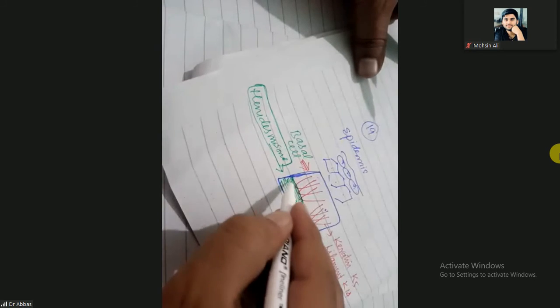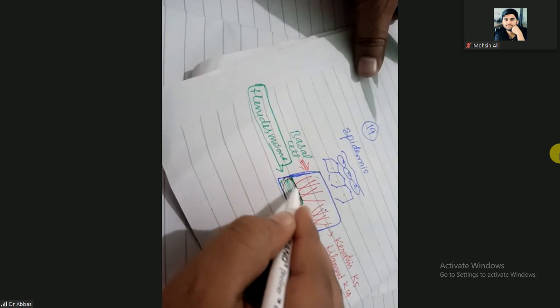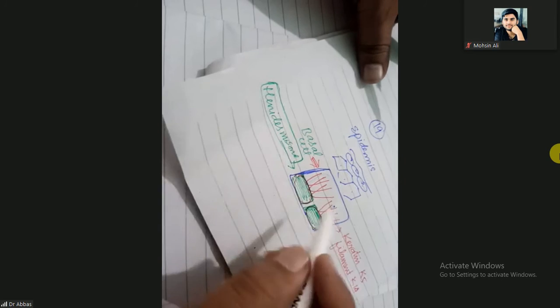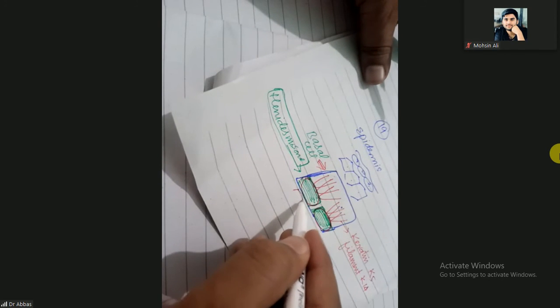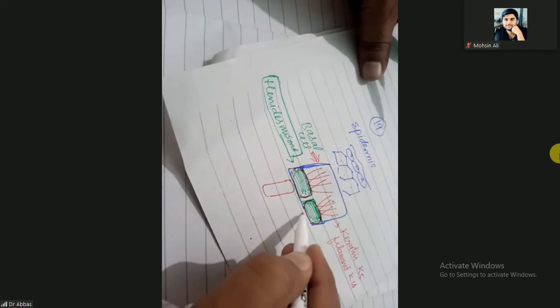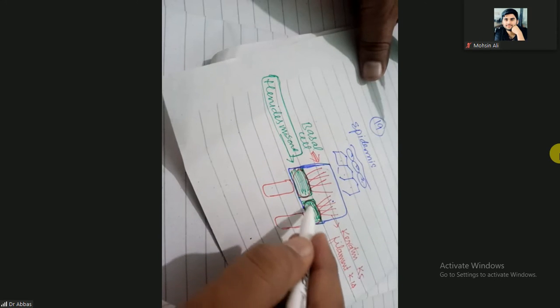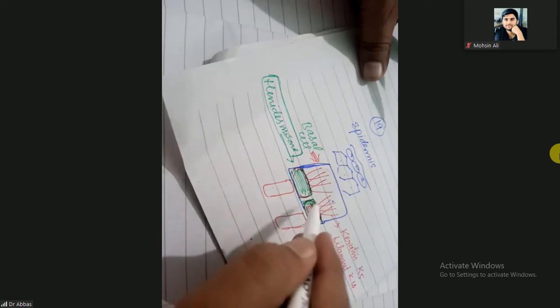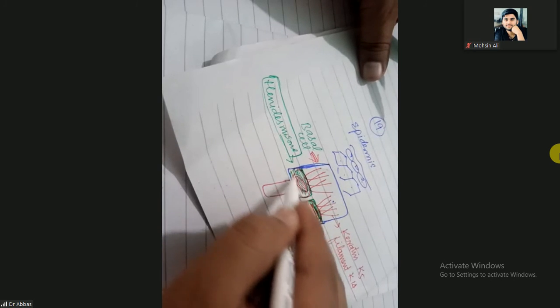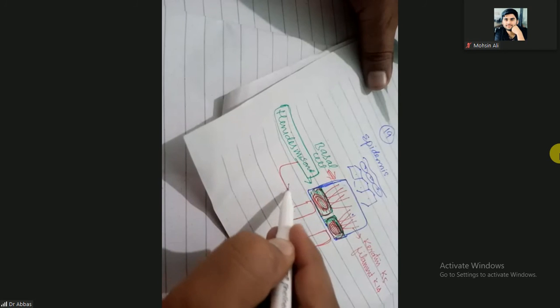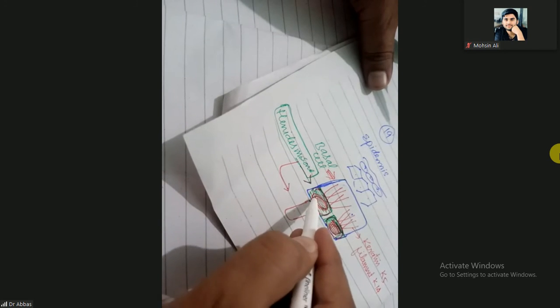Actually, hemidesmosome is like this: this is one protein, and the lower one is the other protein. Collectively, basal cells are attached to the protein, the hemidesmosome.